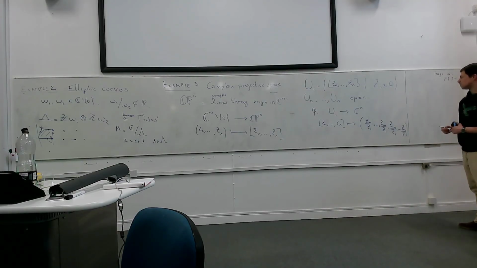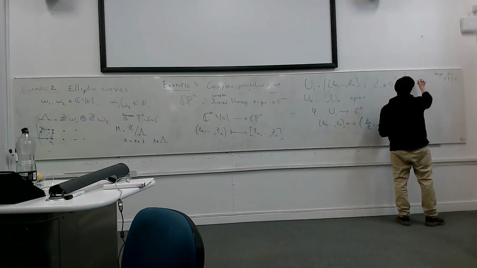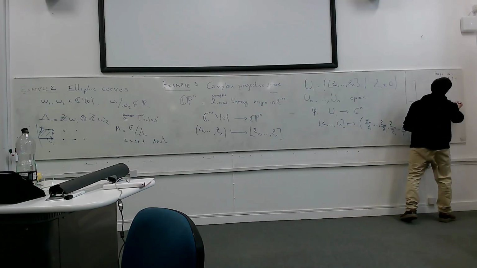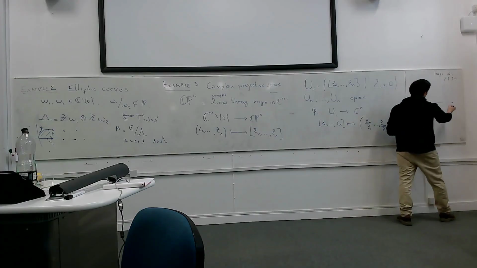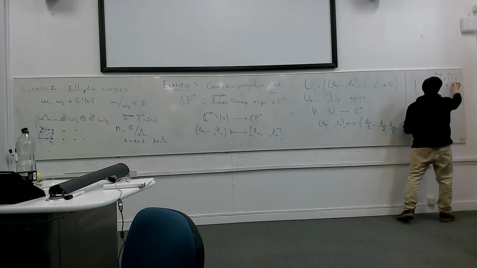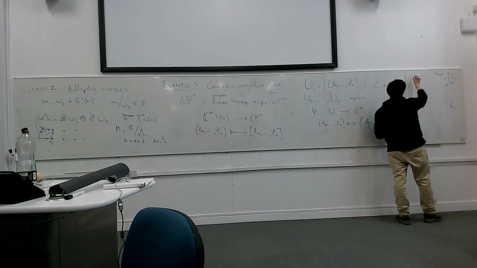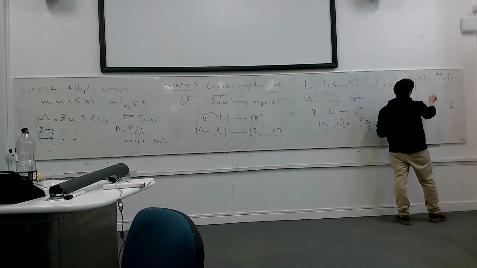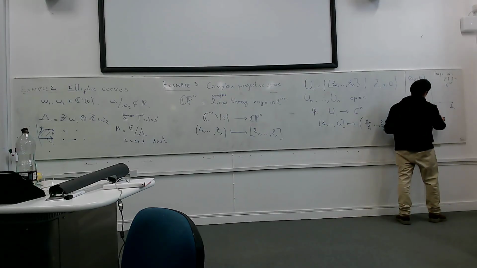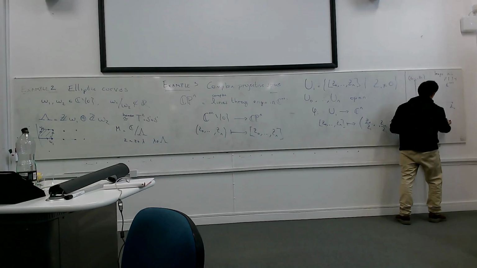There's a geometric meaning of this chart. Let's say this is a picture of C^(n+1). Let's say this is the coordinate Z_0, and here are all the rest of the coordinates, Z_1 up to Z_n. What we are doing is looking at where the coordinate Z_0 equals 1.